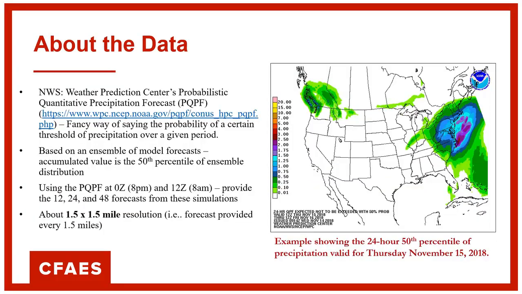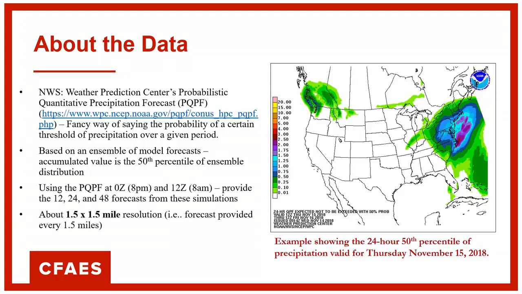I want to talk just a little bit about the forecast. The forecast we're using is a product from the National Weather Service called the PQPF, the Probabilistic Quantitative Precipitation Forecast.